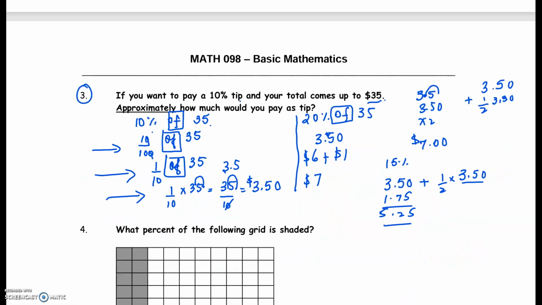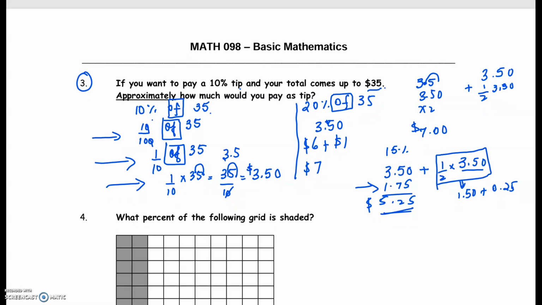So $3.50 plus half of $3.50. So that would be half of $3 is $1.50 plus half of 50 cents is 25 cents. So that makes it $1.75. And that makes it a total of $5.25.